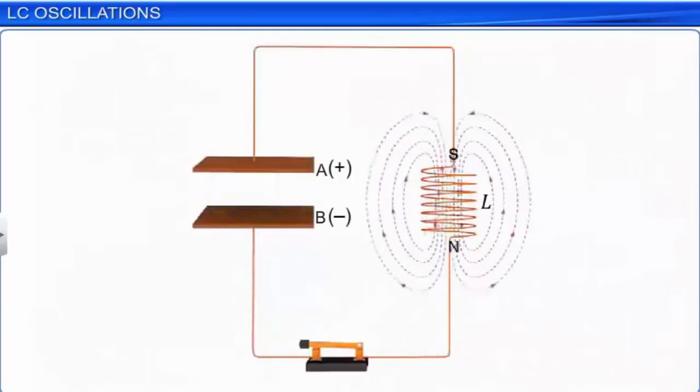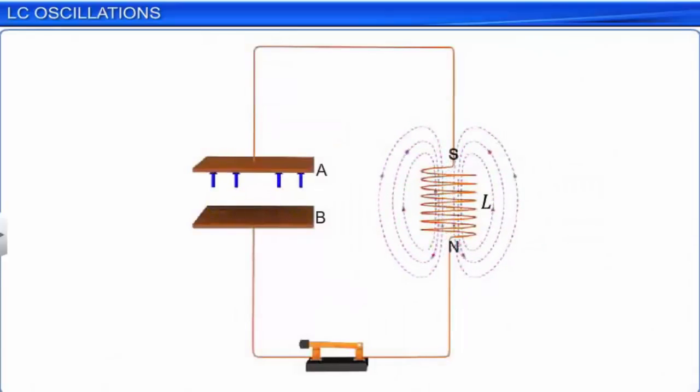During the time interval when the potential difference reduces from maximum to minimum, there is an induced EMF, which opposes the passing current in the inductor. Now, the magnetic field around the inductor starts decreasing, and this induces a current from B to A in the circuit according to Lenz's law.